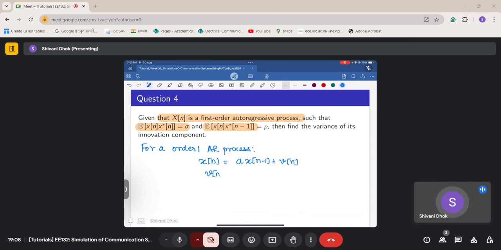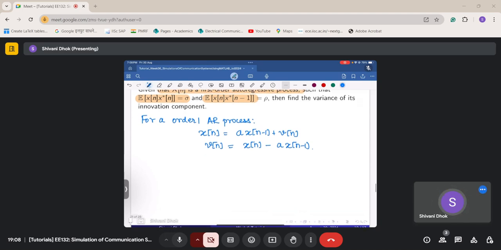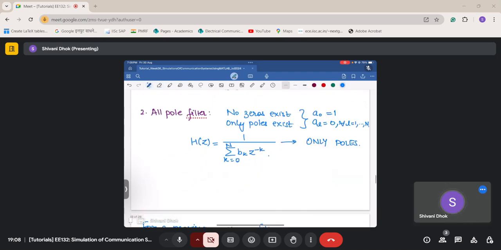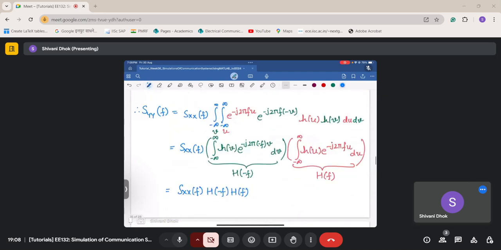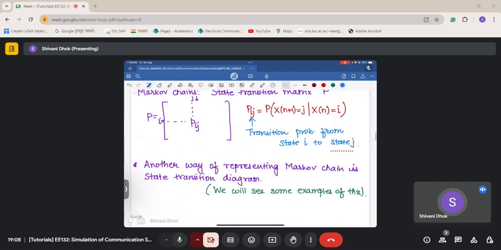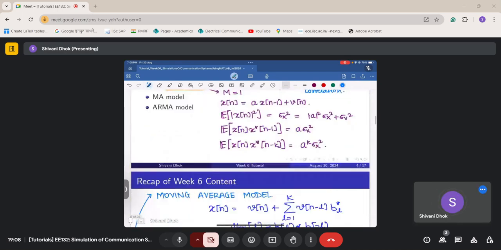Now I can write this innovation component as x of n minus a times x of n minus 1. And what we need to find is the variance of this noise, so the variance of v of n. Instead of repeating the derivation, we'll go to the notes that we had taken earlier, because we are already quite out of time.